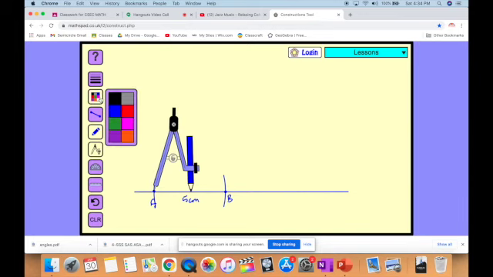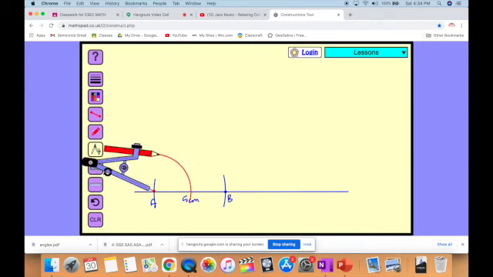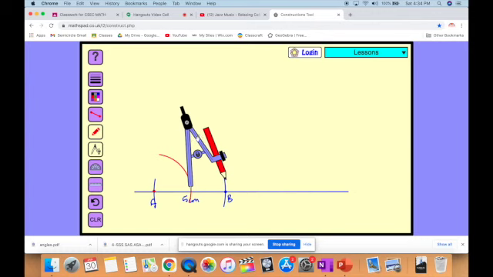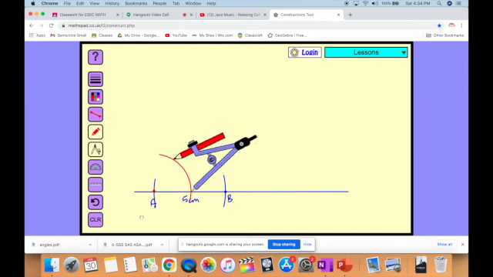And I'll use a different color for this one. Lock the compass at whatever I open it to. Come here with the same opening. I'm going to come here on this side. Cut an arc there.